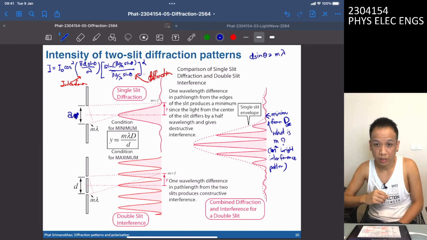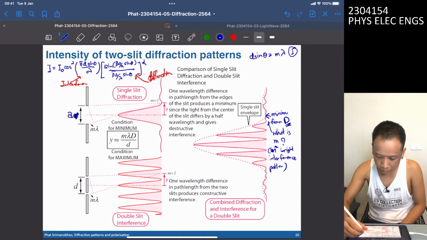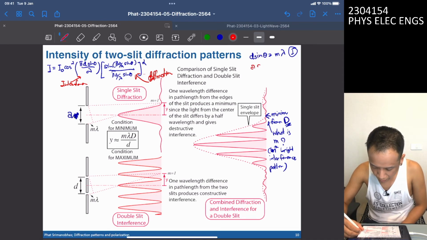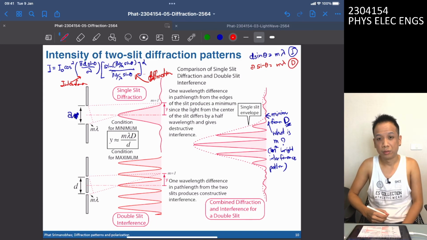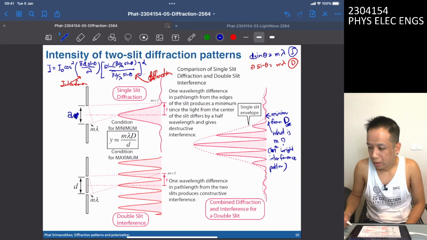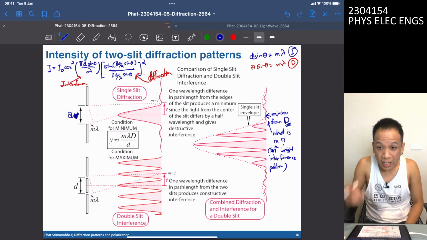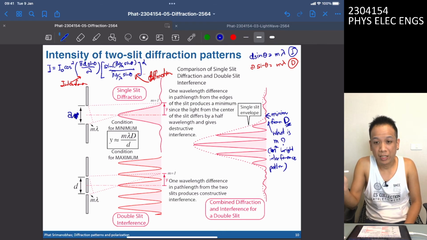So this is from the interference. Okay, this is interference. You have a sin theta equal to m lambda. This is from the diffraction, right? And at that point, it's the same place, right?